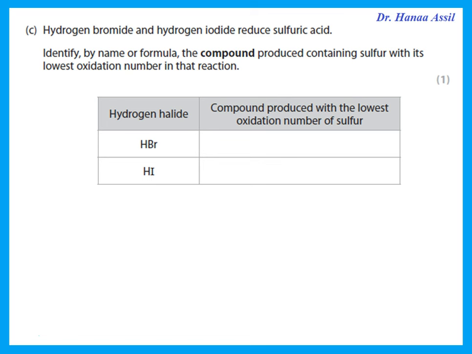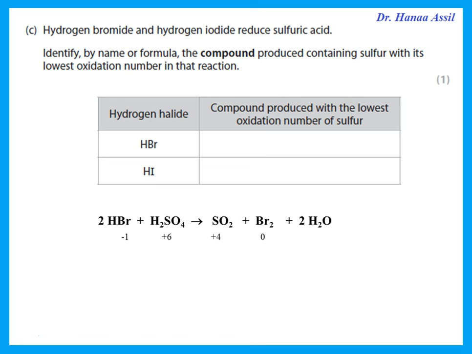Okay, hydrogen bromide and hydrogen iodide reduce sulfuric acid. Identify by name or formula the compound produced containing sulfur with its lowest oxidation number. Okay, when HBr reacts with sulfuric acid, what do we get?